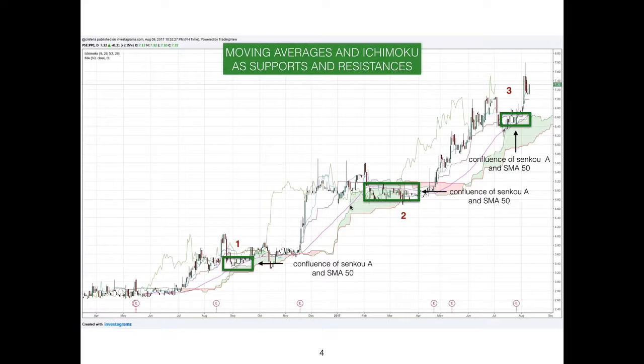For the SMA 50, it's a 50-day or 50-period average. So once prices consolidate, both these lines tend to find a similar area, which is this. They tend to have the same values at certain areas during consolidation, and these values are a magnet to price.